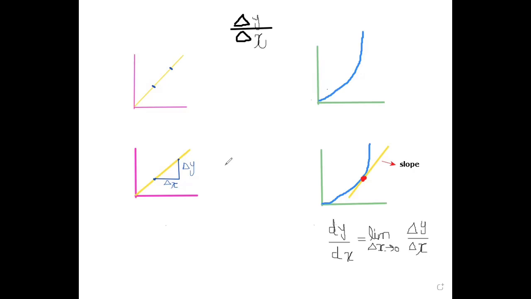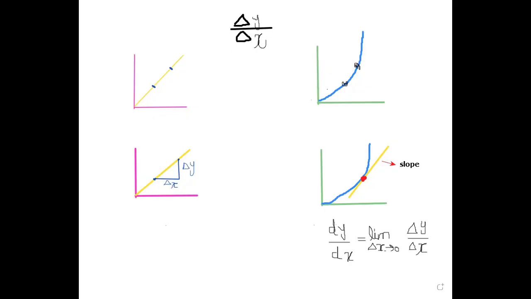For example, let's take this curve where the rate of change of y with respect to x is constantly changing. Even if we use the traditional tools, we can calculate the average rate of change from this point to this point, for example.